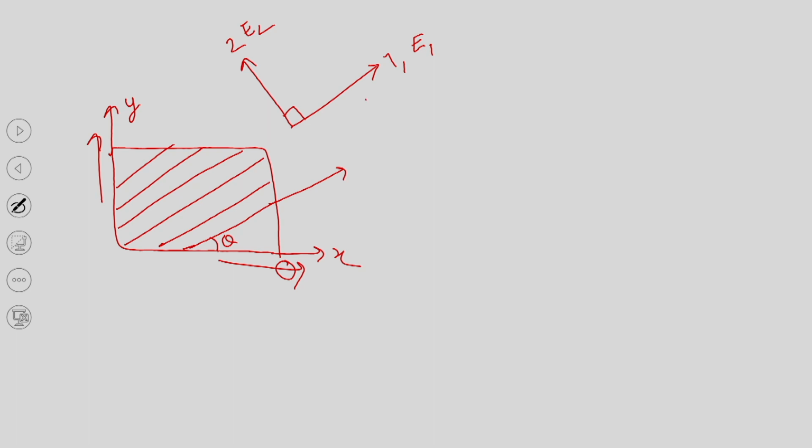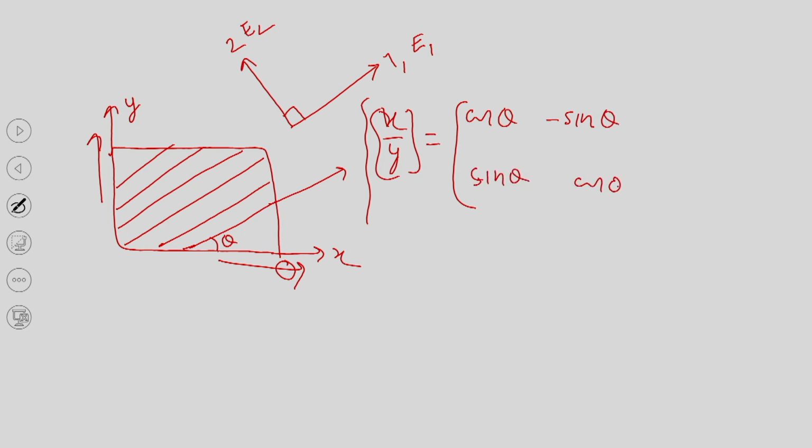For a vector, I said that if it is x and y, then cos theta, minus sin theta, sin theta, cos theta, and x dash and y dash.